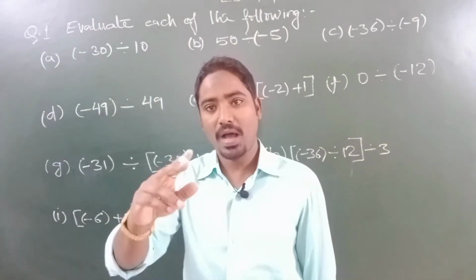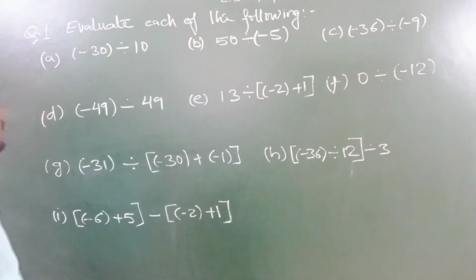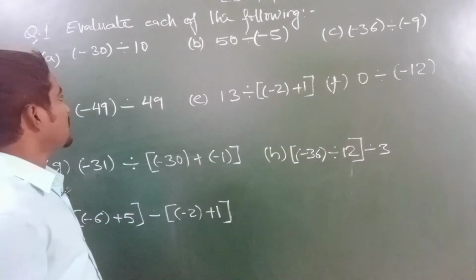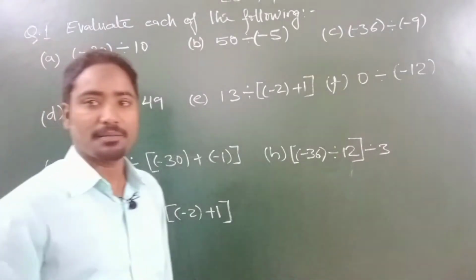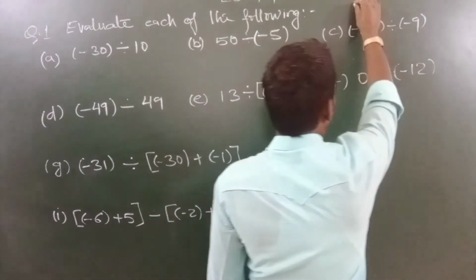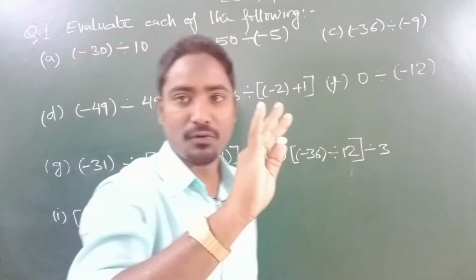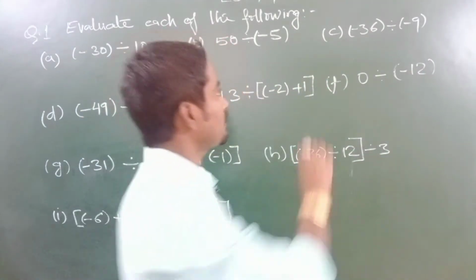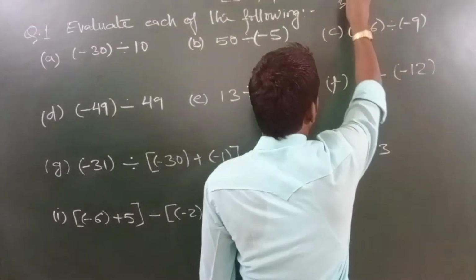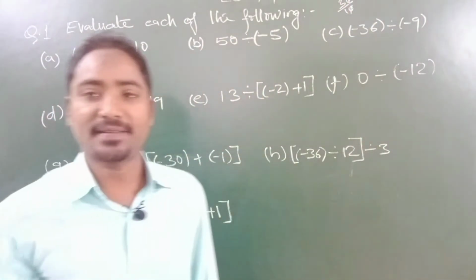Now I will explain how. See, the first question tells you to divide minus 30 by 10. So first we have to forget the sign, and we will simply divide 30 by 10. We know that this 0 and this 0 will cancel each other.